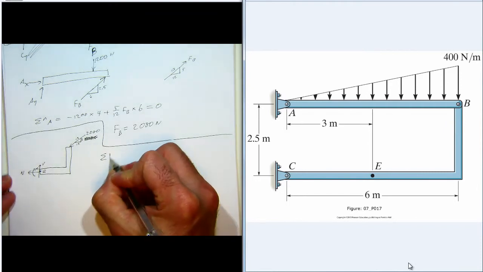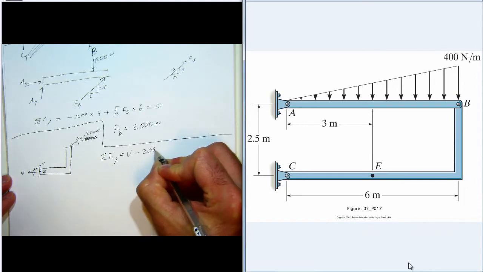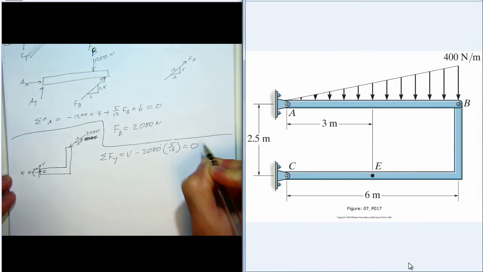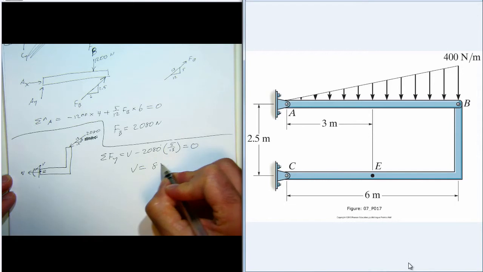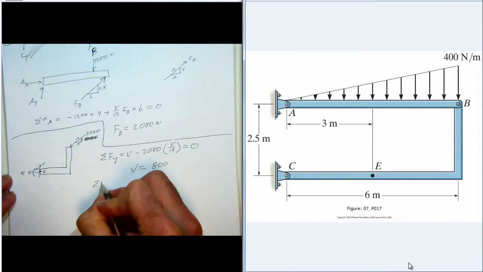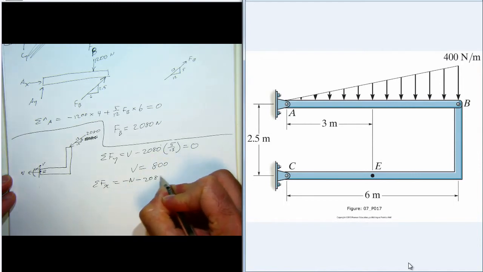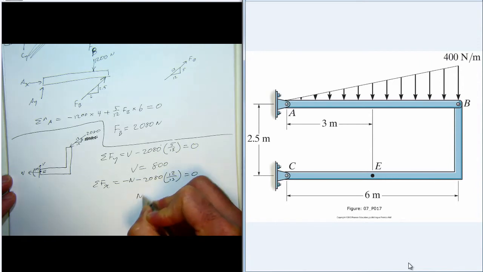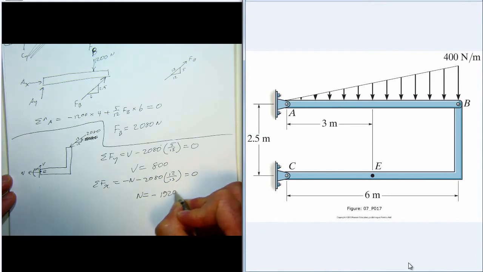For the forces in the y direction, we have V, and we have negative 2080 times 5/13. Those add up to 0, so V is 800. For the forces in the x direction, we have negative N, and we have negative 2080 times 12/13. Those add up to 0, so N is negative 1920.